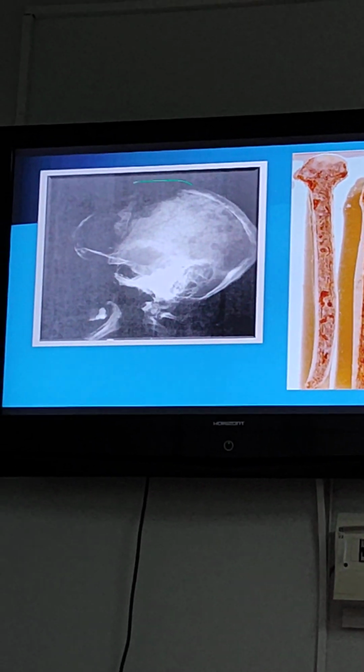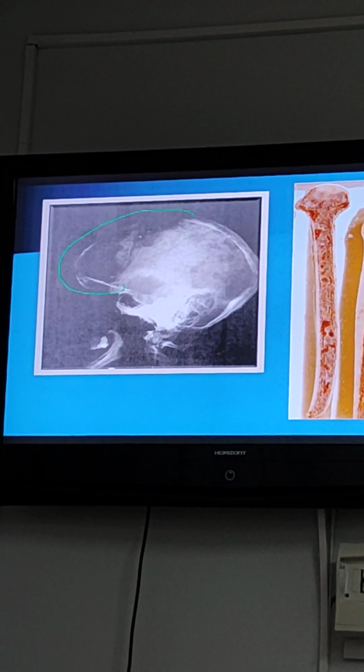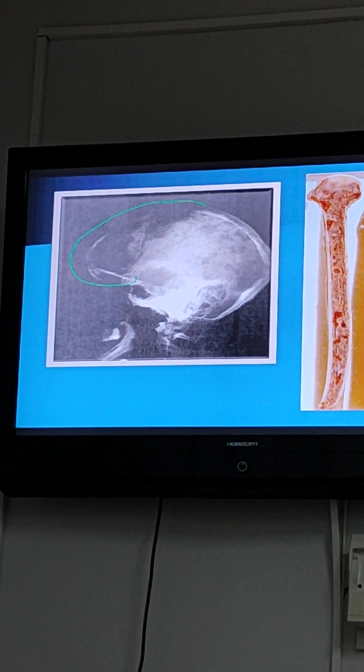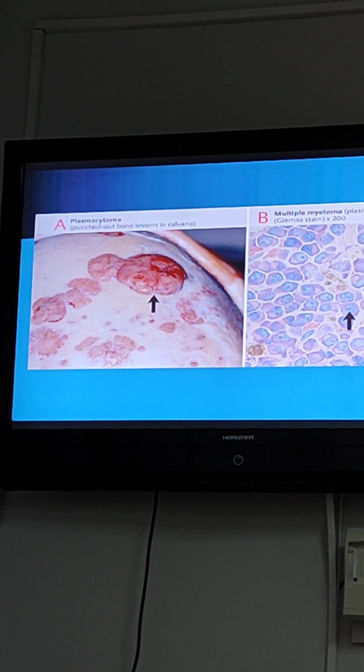X-ray examination can reveal the empty places, complete resorption of the bone. This is also plasmacytoma, a tumor of plasma cells.